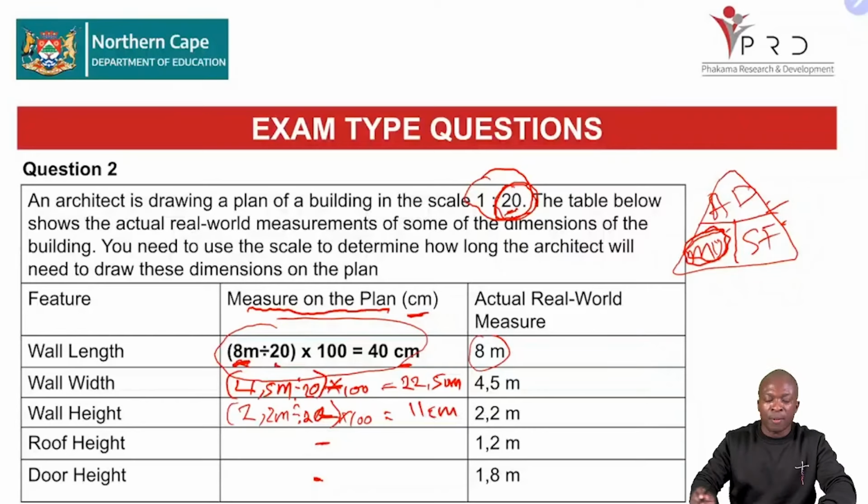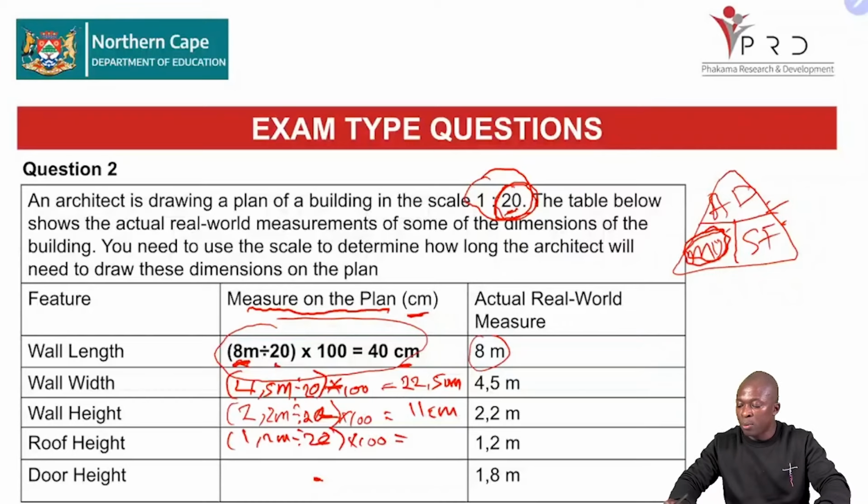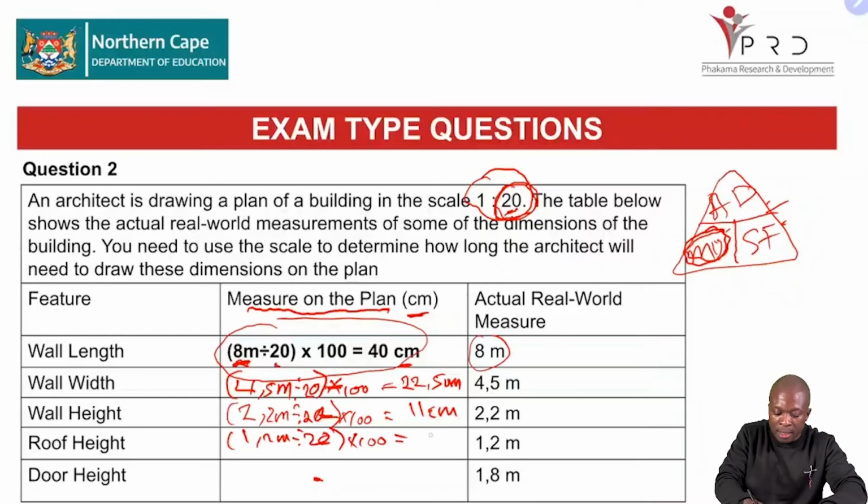And then what did you get for the roof height? Again, you do the same thing. 1.2 meters divided by 20, close bracket, multiplied by 100. So you have 1.2 divided by 20, multiplied by 100, and you're going to get 6 centimeters.